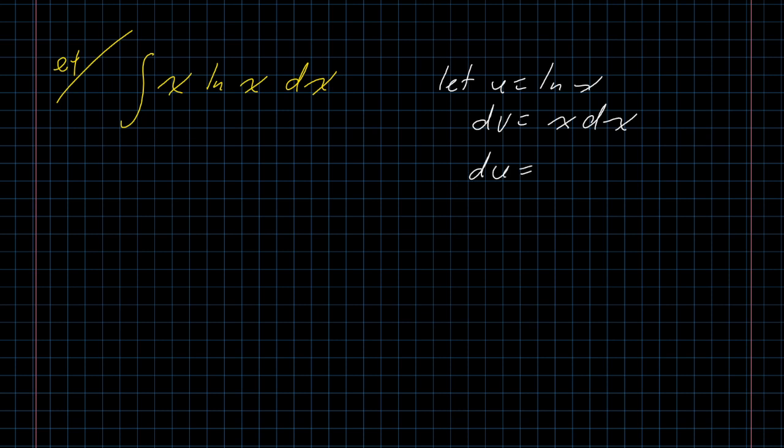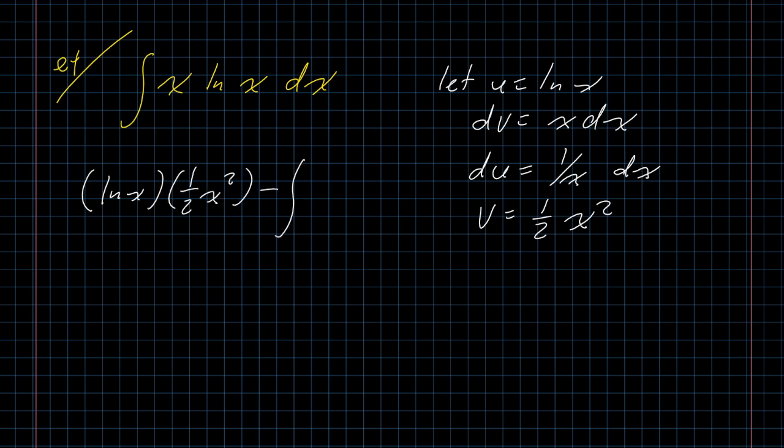Once we have that, du is going to be 1 over x dx, and v is going to be 1/2 x squared. Integration by parts formula, it's going to be u times v minus the integral of v times du.